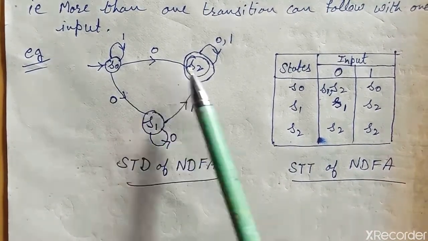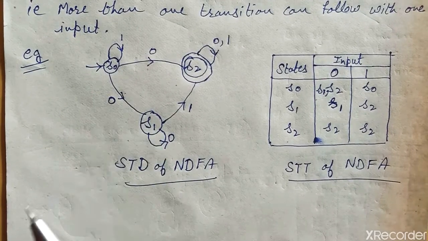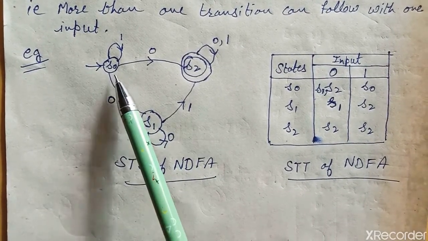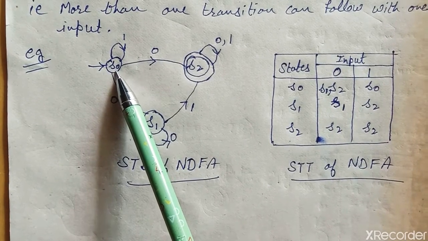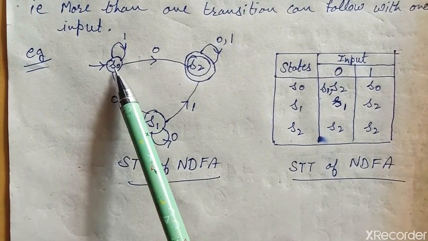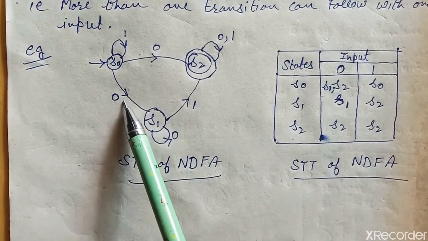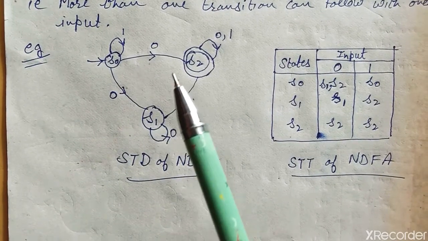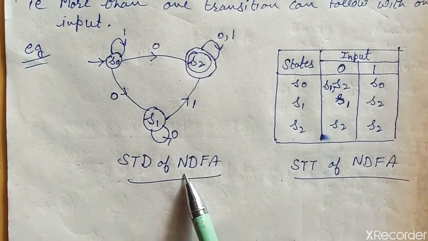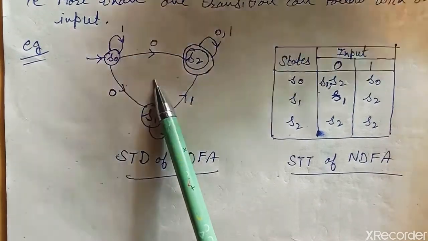So now you can see here there are two transitions with same input starting from the same S0. So S0 moves to S2 as well as S1 with the same input 0. So just because of it, this is non-deterministic.